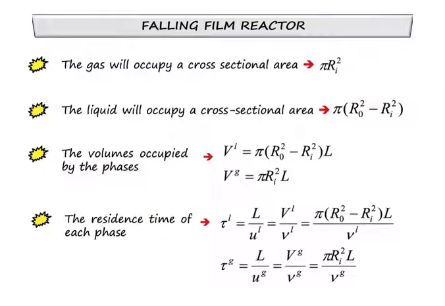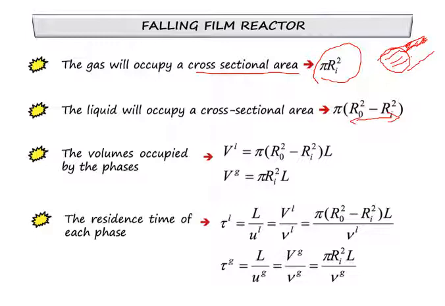So theoretically, the gas occupies a cross-sectional area of pi Ri squared, because this is a circle, and that is how we get the area, since it is a vertical tube. Okay. And then the liquid occupies a cross-sectional area only in this region. So for the liquid it is pi times R0 squared minus Ri squared. So this is the thickness.